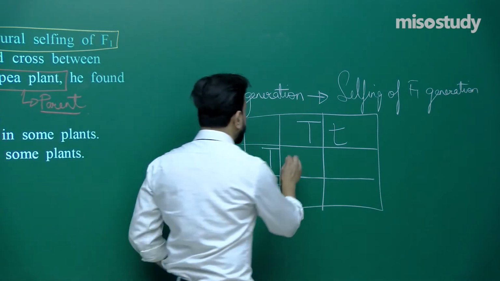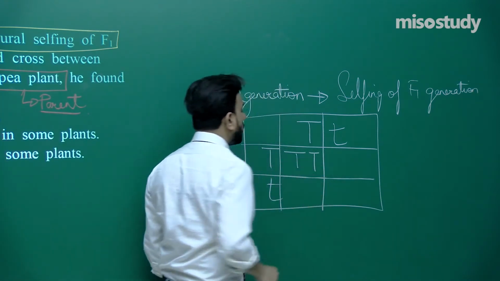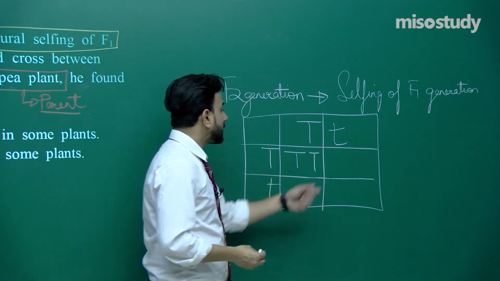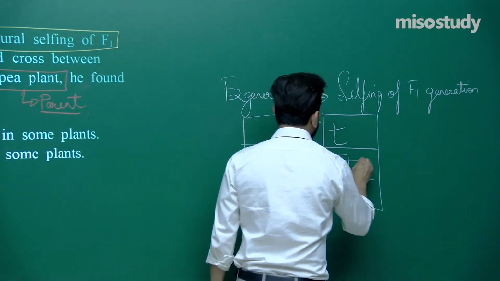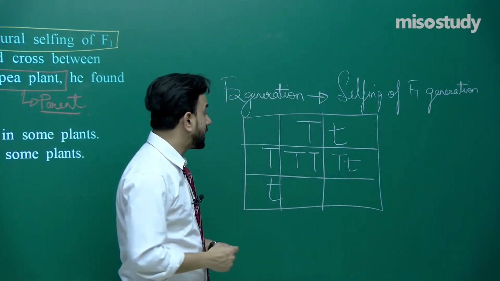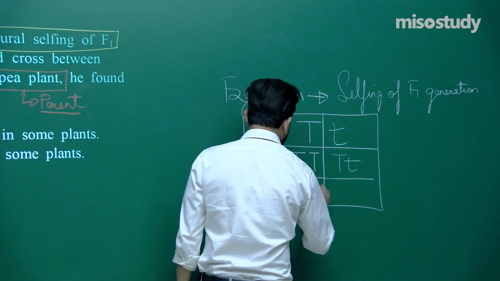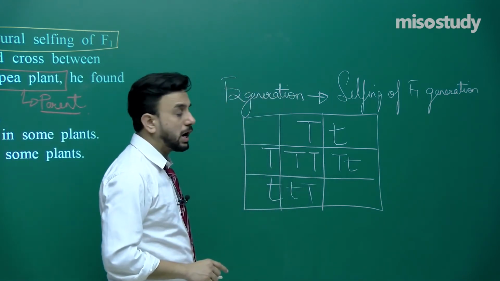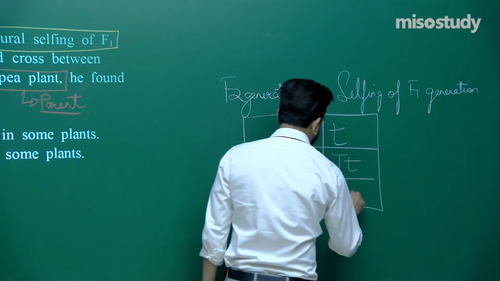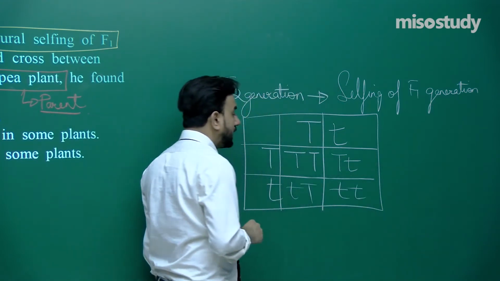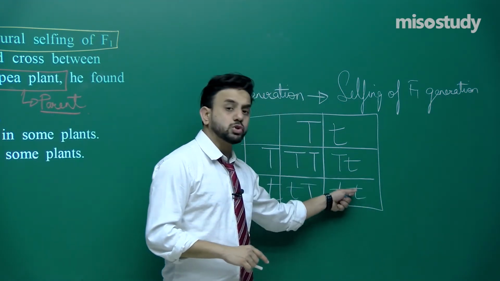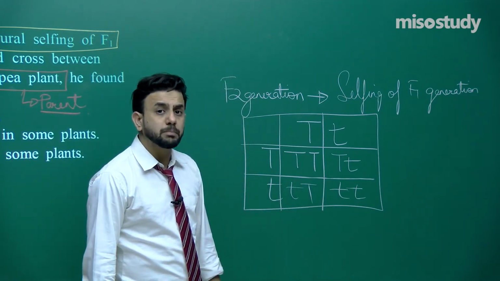What will we get here? Capital T capital T, again a homozygous dominant condition. Capital T small t, that will be a heterozygous dominant condition. Capital T small t, a heterozygous dominant condition, and small t small t, that is, dwarfness has appeared again back here.